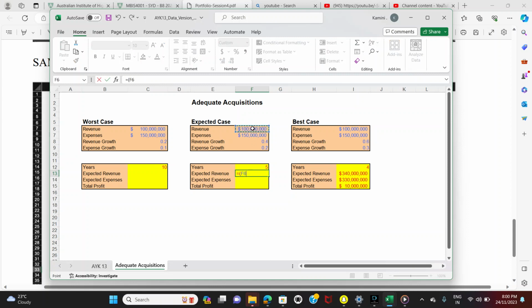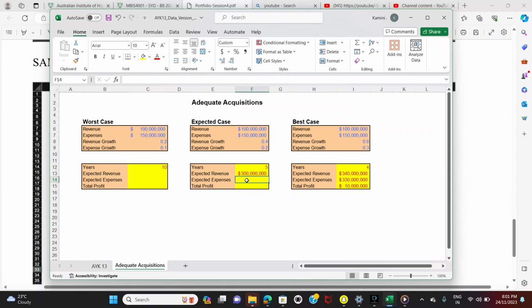Revenue at 6 multiply by revenue growth, F8, multiply by total number of years, bracket close, plus revenue of that particular year, 30,000. So this is the sum of the expected revenue.